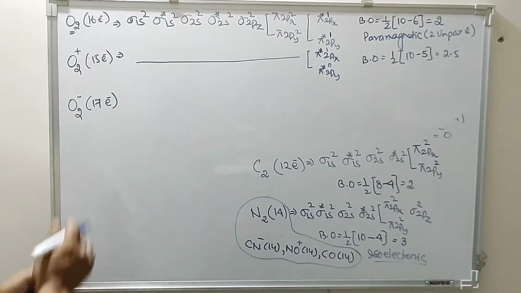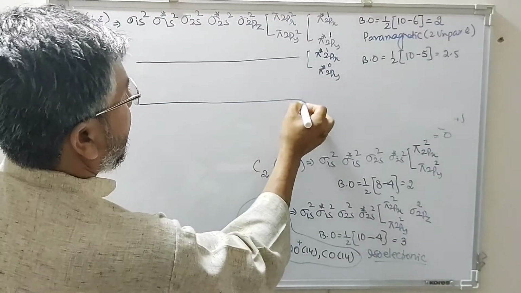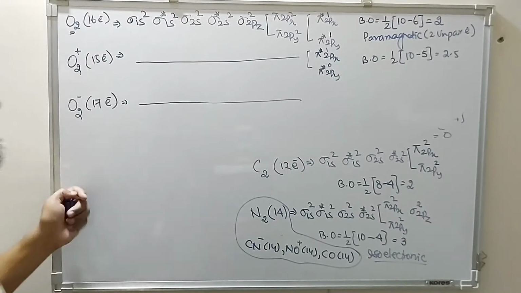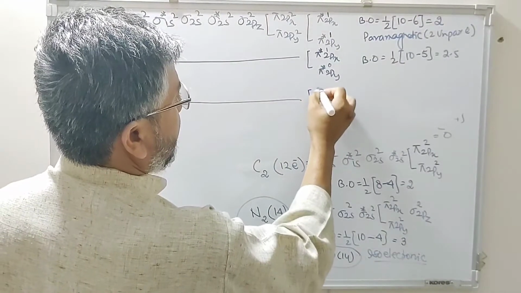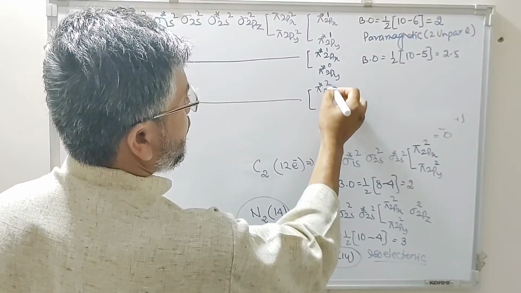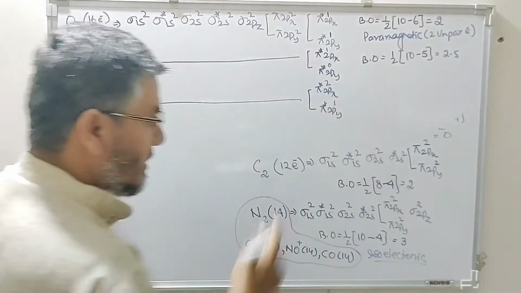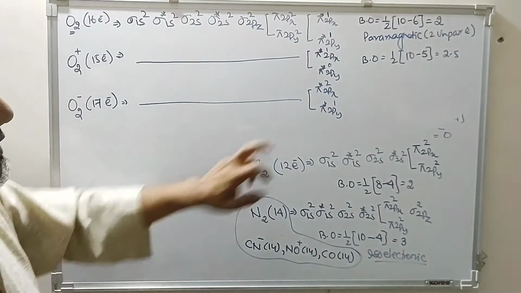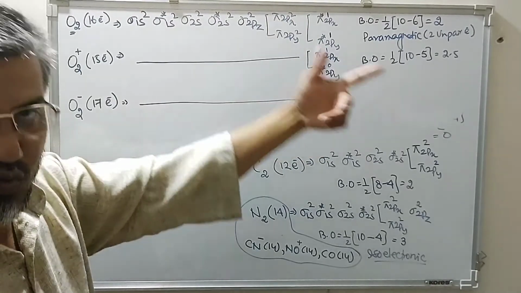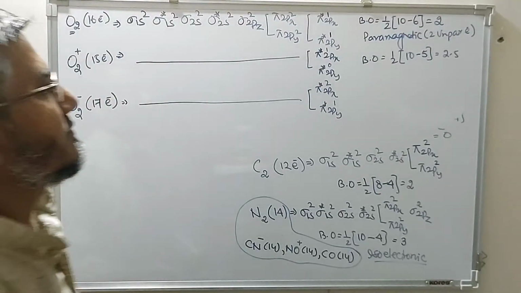Let's prove it. As it is up to pi 2px, pi 2py, the configuration will remain the same. Pi star 2px 2, pi star 2py 1, or we can also write pi star 2py 2, pi star 2px 1. So 16 plus 1, 17.